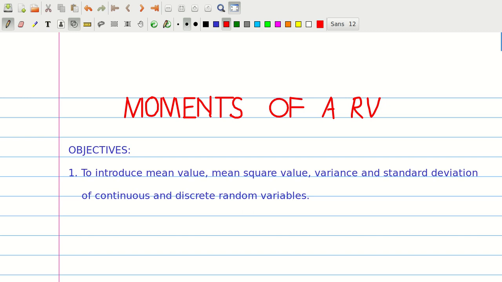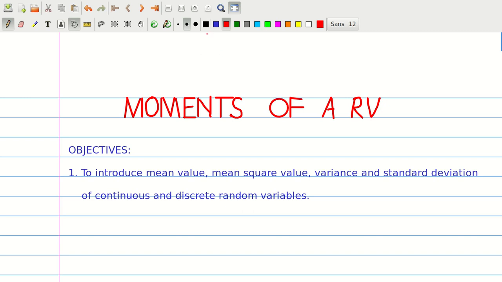In this module, we will introduce the notion of moments of a random variable. Many times it is convenient and indeed desirable to summarize the properties of a random variable in terms of some numbers. Moments of a random variable are essentially these numbers.